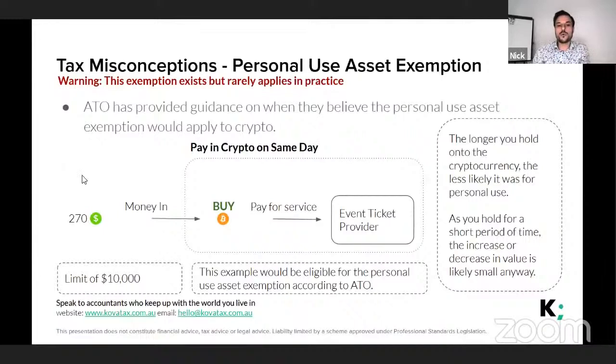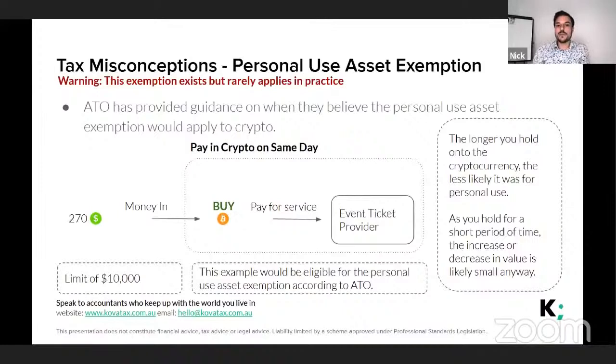In this example, Joe is going to take $270 from his bank account, and he's going to use it to purchase an equivalent amount of Bitcoin, right? And he uses that Bitcoin and sends it to an online service provider who's selling event tickets in this case. So maybe he's purchasing tickets for a crypto event or a crypto meetup, or in the ATO example, tickets to a music concert.